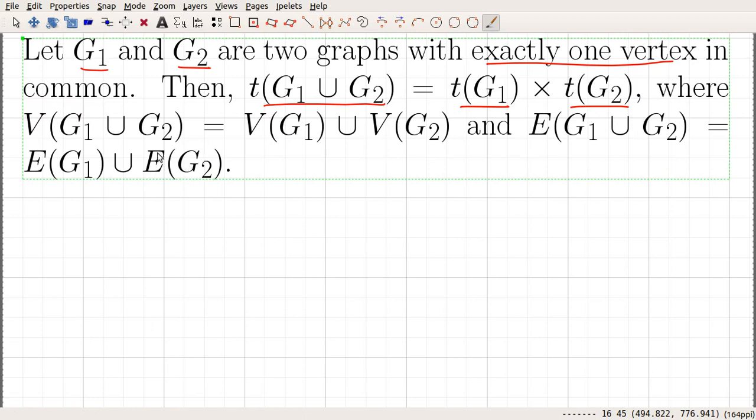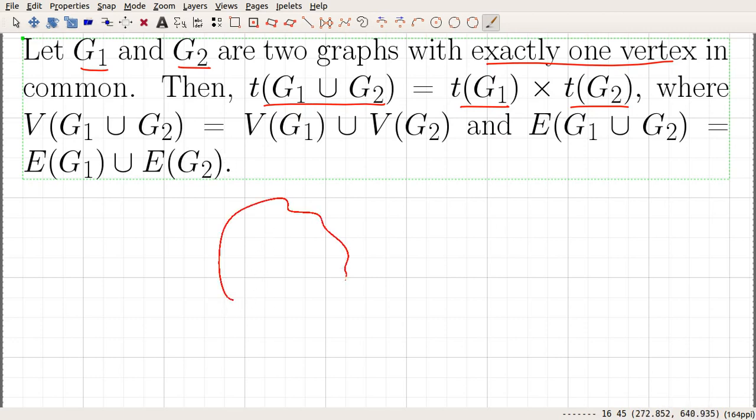So that is how we take the union of two graphs. So the statement is, if we are given two graphs G1 and G2, and if these two graphs have exactly one vertex in common, then we can use this equation to find the number of spanning trees in this union graph.